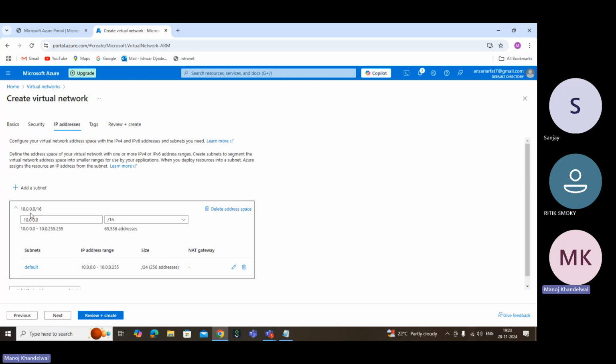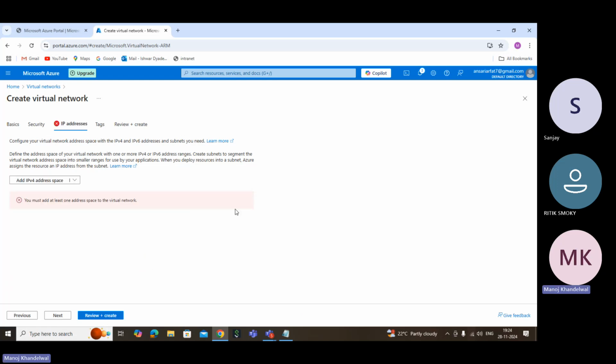We started with this, right? /16. Okay, and now it has created one network here, a big network /24, right? But I can start with this. See, it started with this, but I can just delete this address space and add a new address space here.